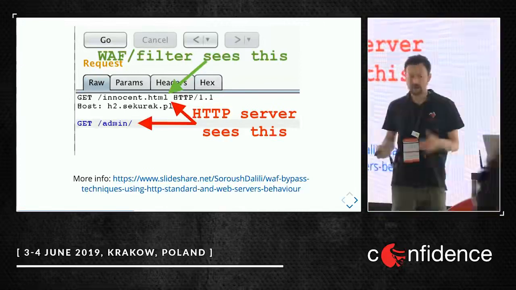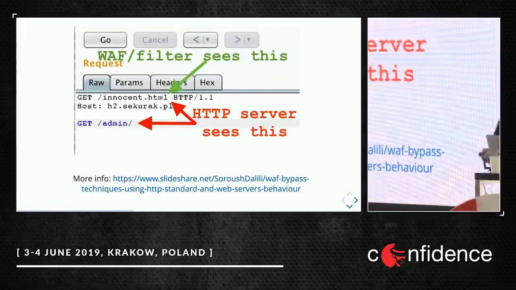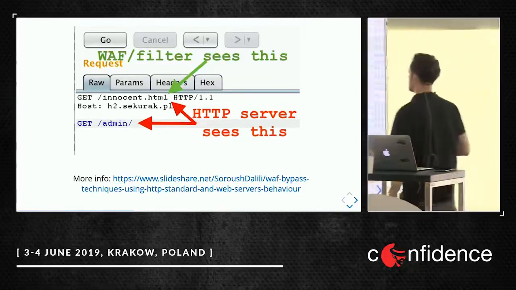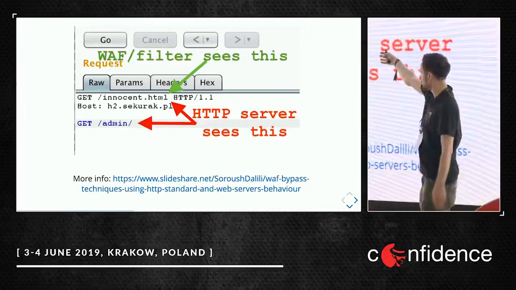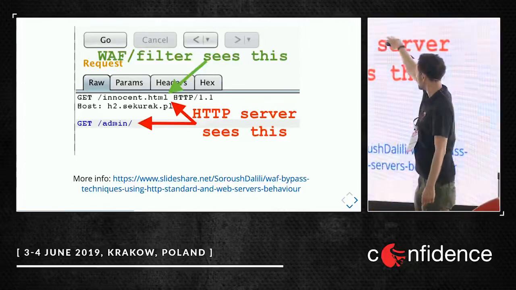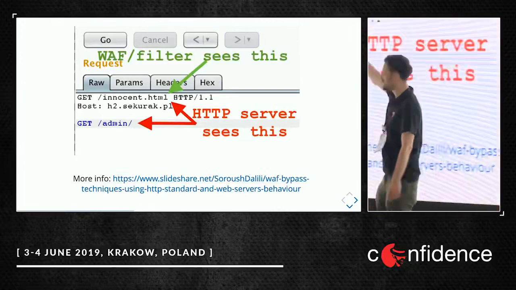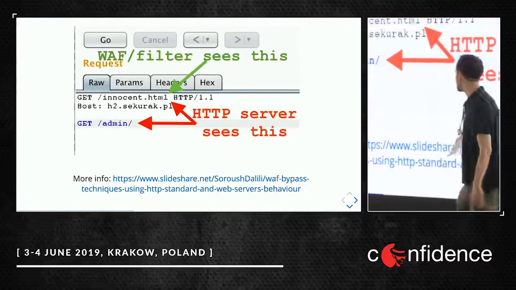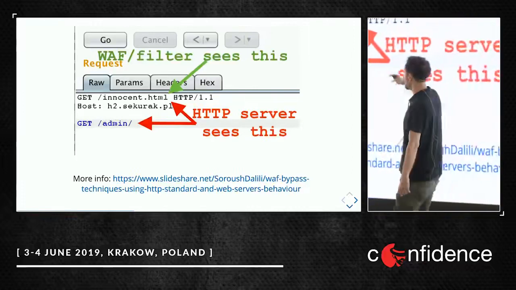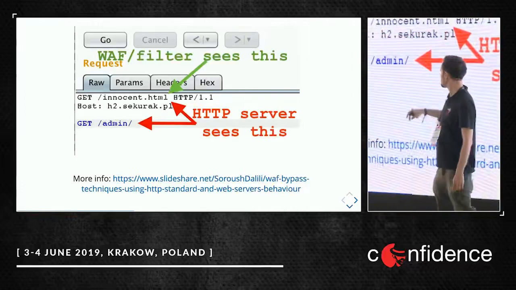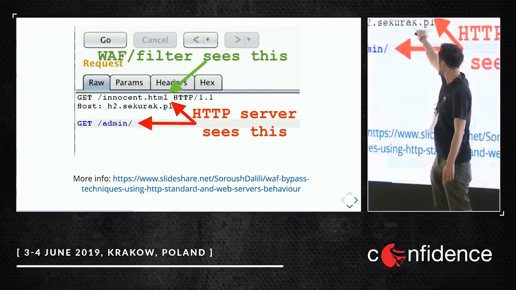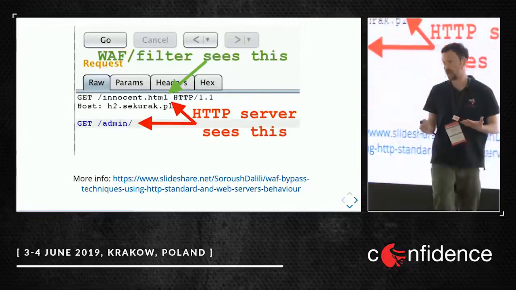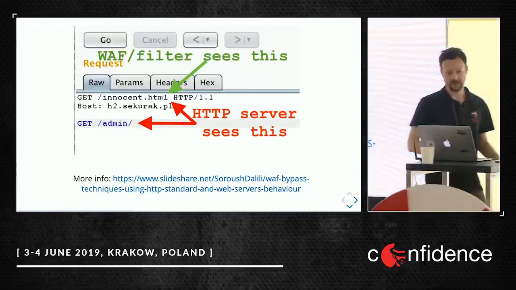And it is quite nice to bypass web application firewalls, filters, stuff like this, because we normally do this request, our web application firewall or filter says it's innocent HTML, I can go with this communication, and actually when it reaches the HTTP server, it has 2 requests, this innocent and this admin, which is not checked by the WAF or filter.